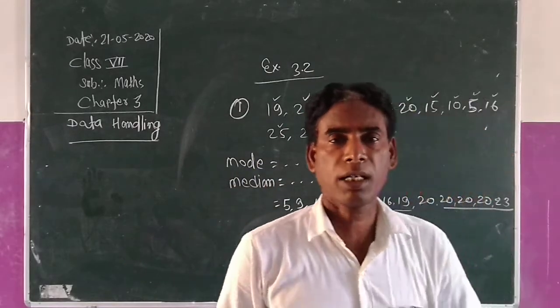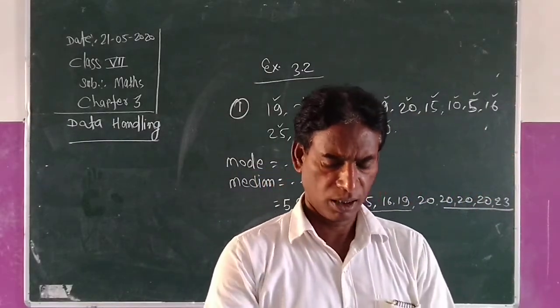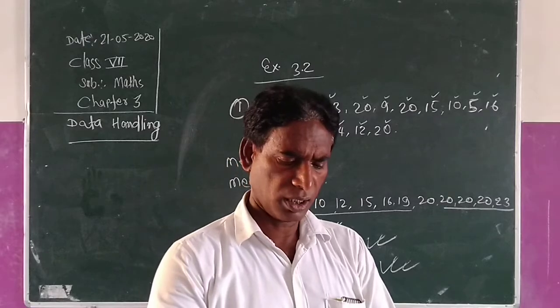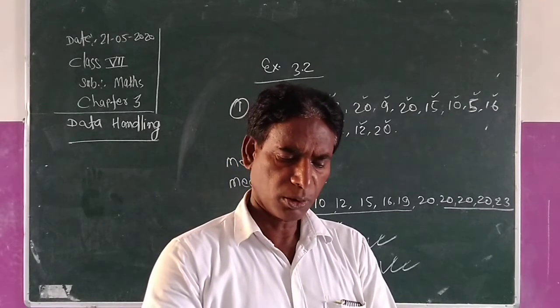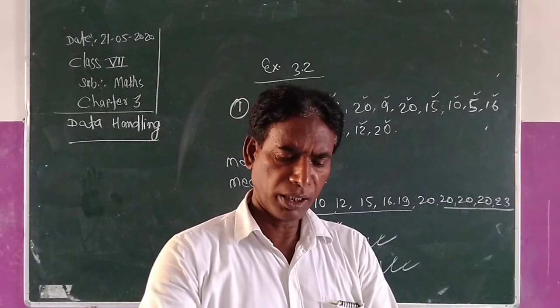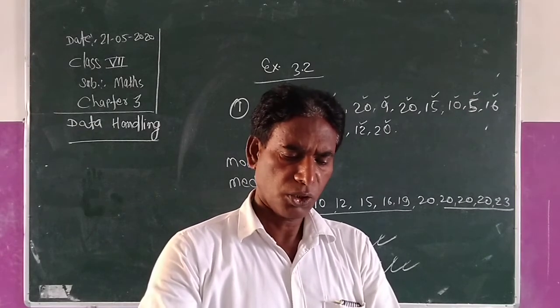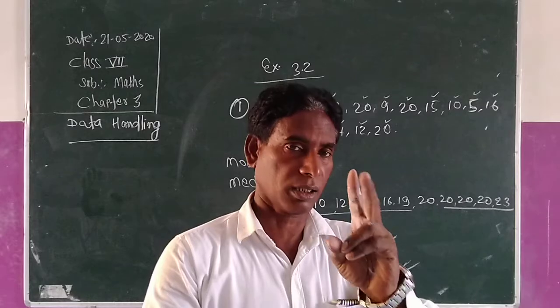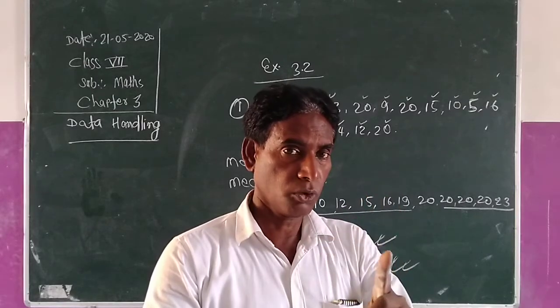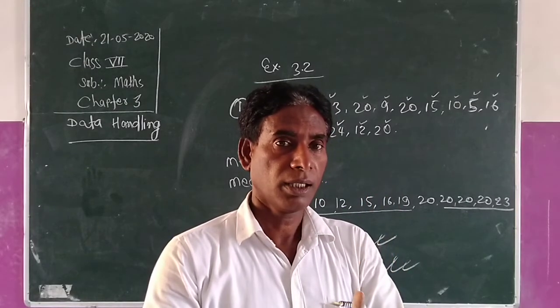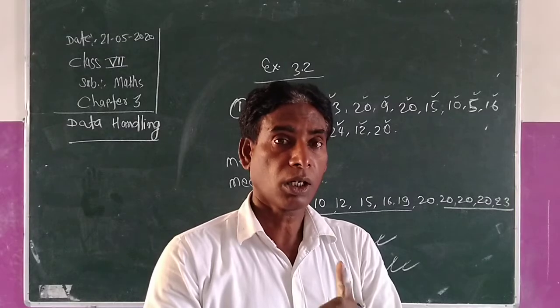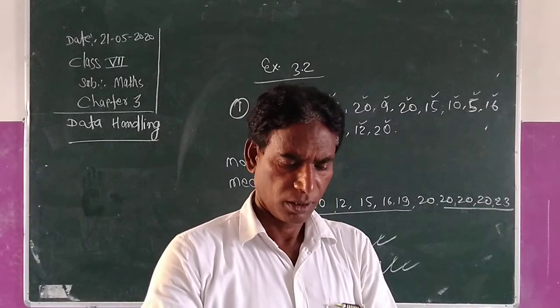Now you will try to solve your second question. In the second question, also find the mean, mode and median. You will find 3 answers: first you find the mean, second the mode, third the median.